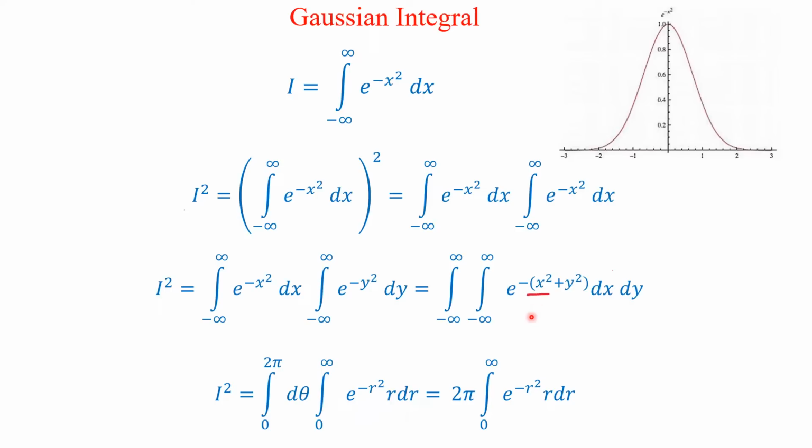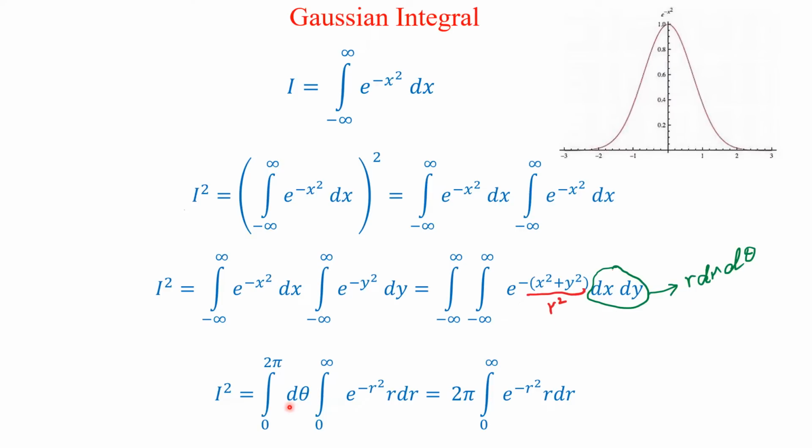Now, x squared plus y squared is equal to r squared in polar coordinates. And dx dy is the small area element in Cartesian coordinates. When you replace it in polar coordinates, it becomes r dr d theta.